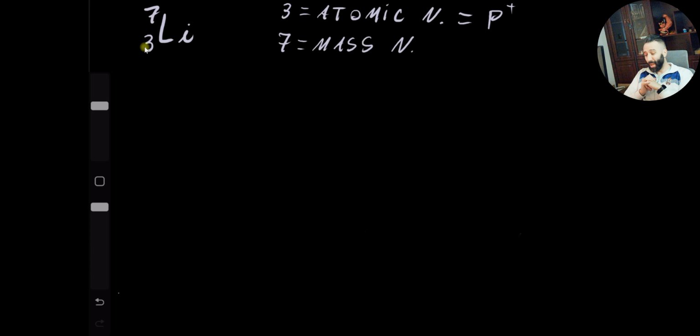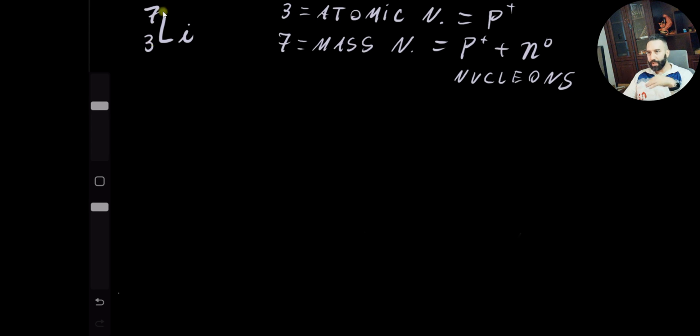This one can actually mean a lot of things, but for now, let's just say that it's the number of protons plus the number of neutrons. So again, 3 is the number of protons and 7 is the number of protons plus neutrons. Protons and neutrons together are sometimes called nucleons, because they're in the nucleus.